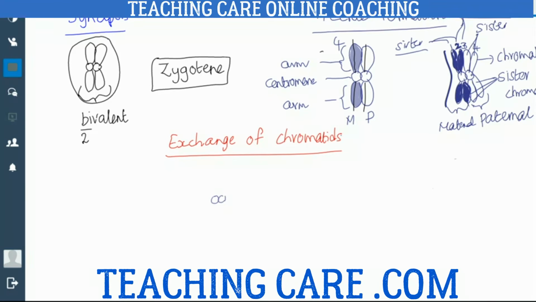Okay, I'm drawing the same diagram again, same like sister and non-sister. Sir, exchange of chromatids will take place between non-sister chromatids. Yes, it will take place between non-sister chromatids.